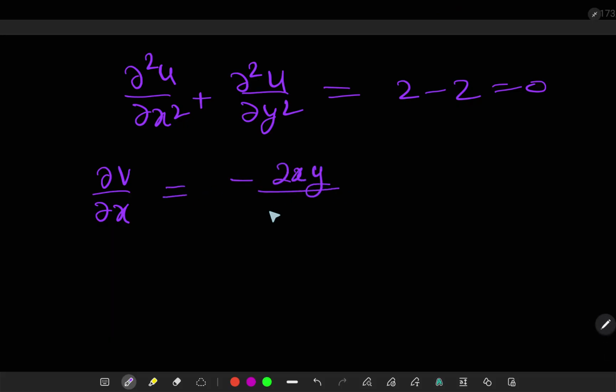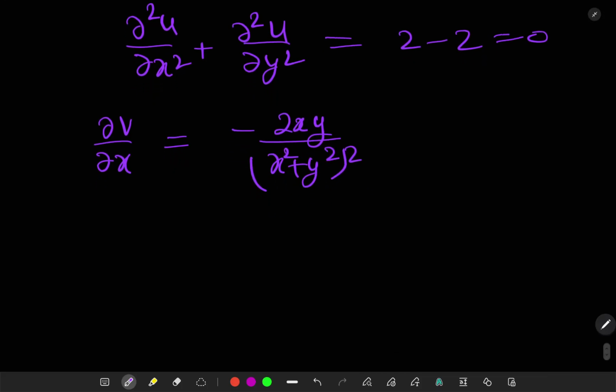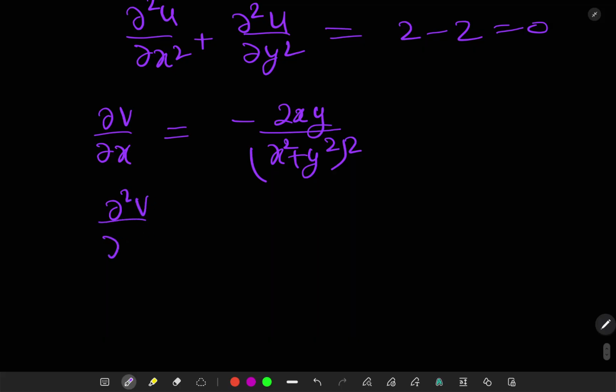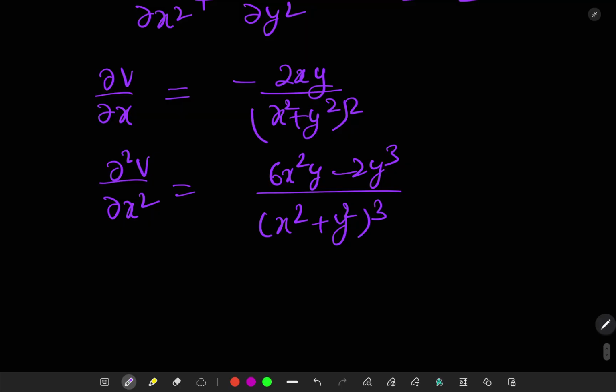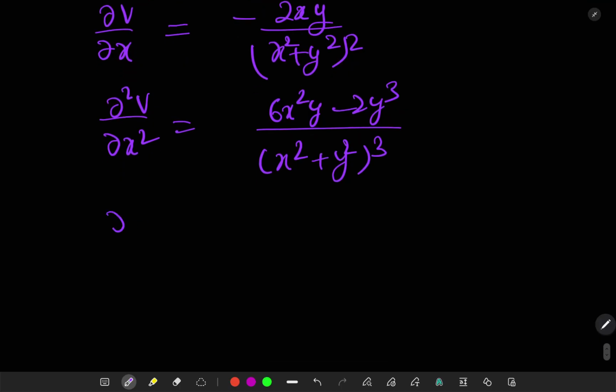Minus 2xy divided by x square plus y square, whole square. And now finding del 2v over del x square, which is equal to this value. Now finding del v over del y, which is equal to this.